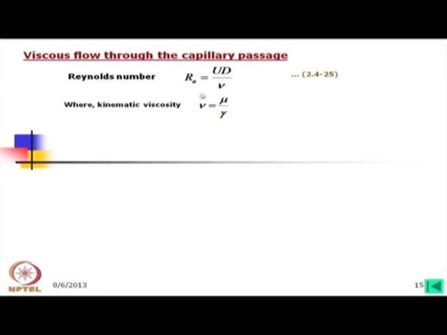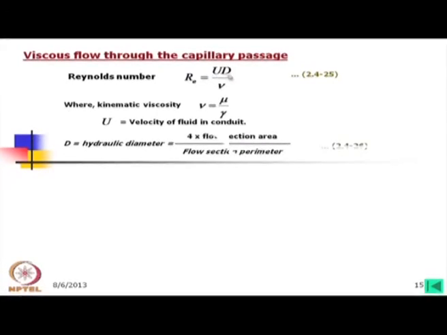Now, this is kinematic viscosity. Already we know that this is dynamic viscosity by density. Here of course we have used it in another form; normally we use rho. U is the velocity of fluid in the conduit.